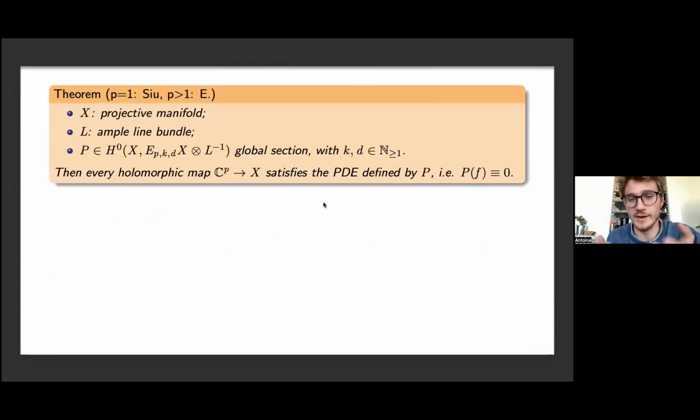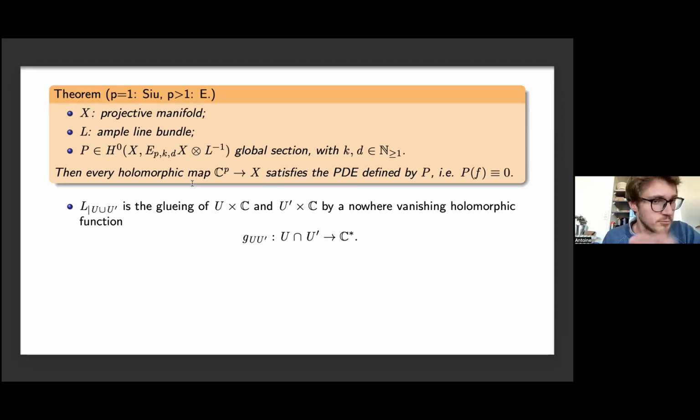So it really locally satisfies the PDE defined by P. So what this theorem says is that the global section of this vector bundle provides an obstruction to the existence of such a holomorphic map. This is the first part of the strategy.